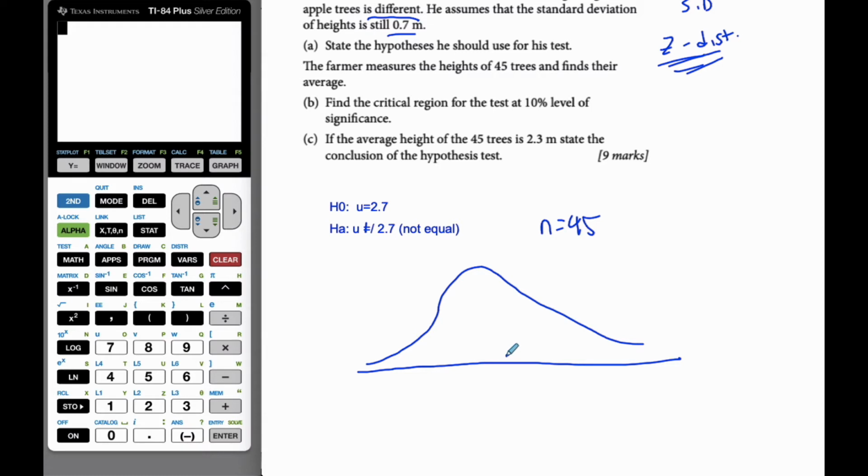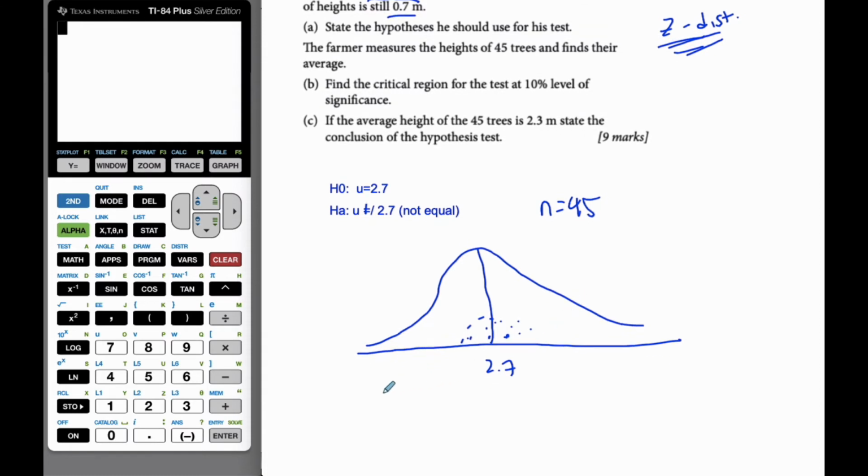So imagine if I went out and found a group of 45 apple trees and made a point, and another 45, I made a point, another 45, another 45. If I did this an infinite amount of times, getting groups of 45 apple trees, I would get this normal curve. We believe the mean is 2.7, and the standard deviation of this is going to be 0.7 divided by the root of 45, which is what the central limit theorem says.